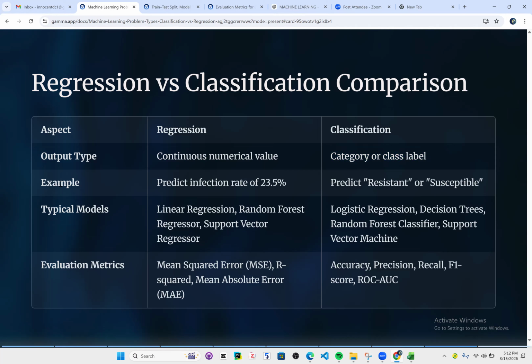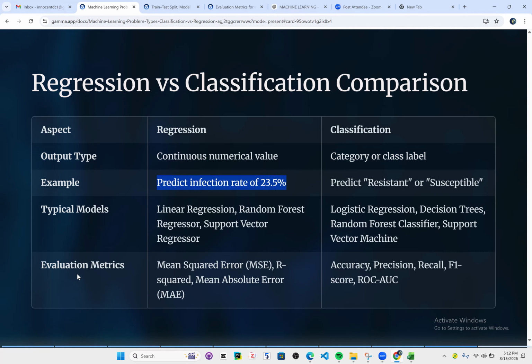For example, regression predicts an infectious rate of 3.5, while classification predicts resistant or not resistant. Typical regression models are linear regression, random forest regressor, and support vector regressor. Most of what we're going to be doing here will use regressors. But for classification, we have logistic regression, decision trees, random forest classifier, support vector machine, and all of that.